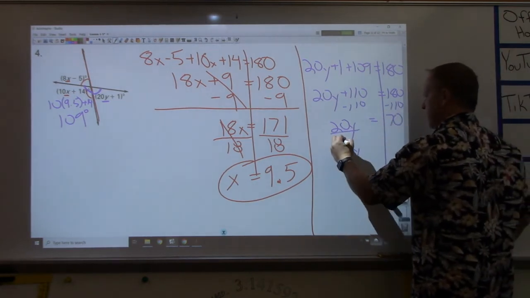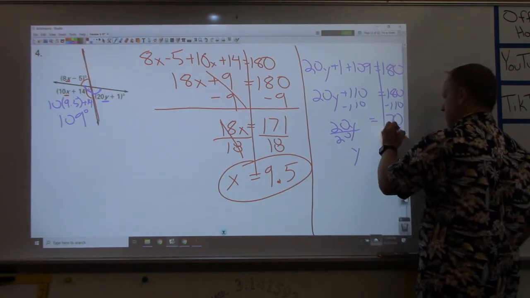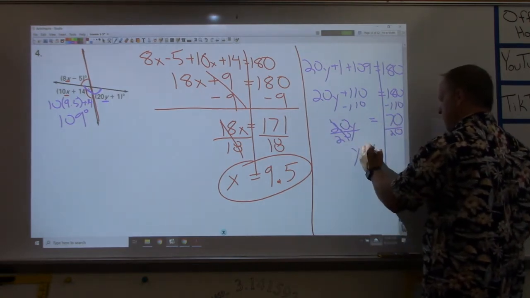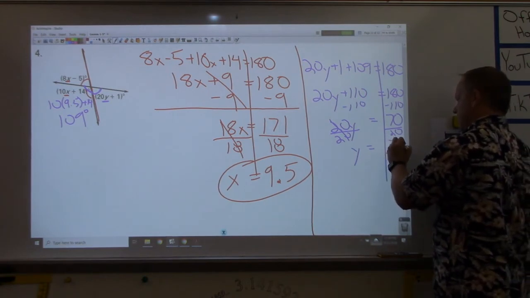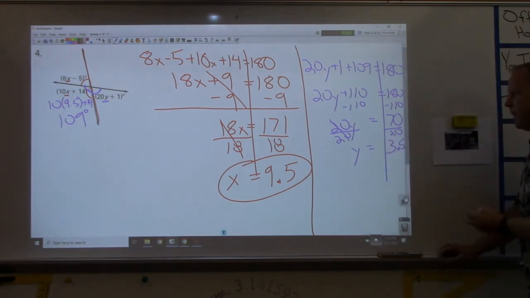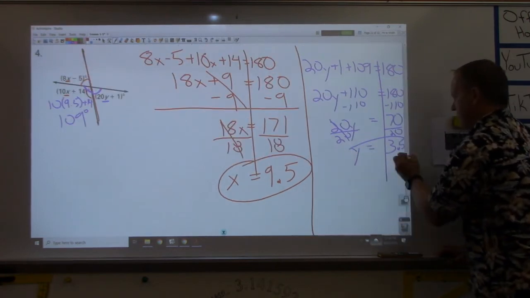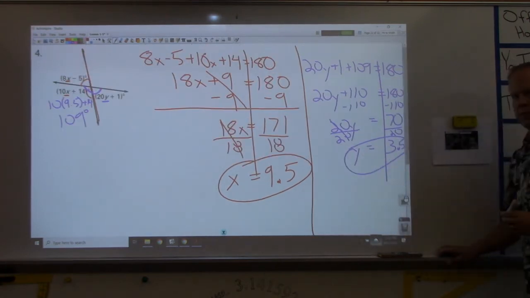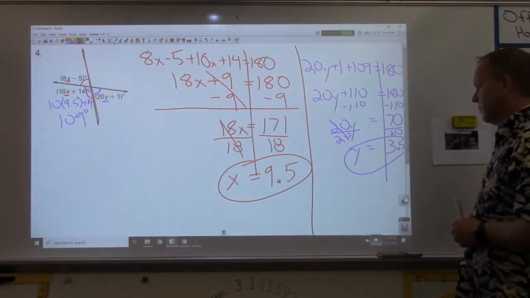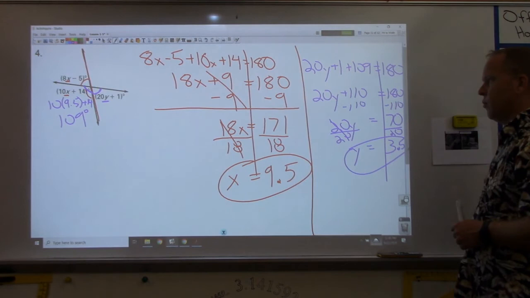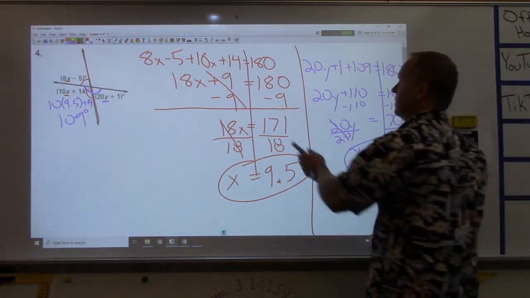Divide by 20. Y equals 3.5. Again, decimals are fine in math class. They do exist. If it wasn't for decimals, you'd never get any change. So there's number 4. One more problem and we're done.